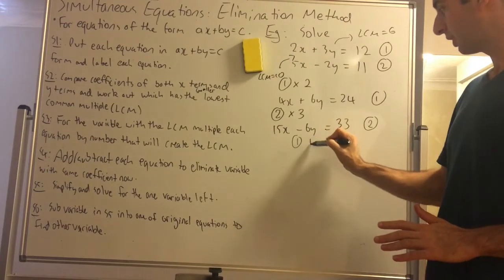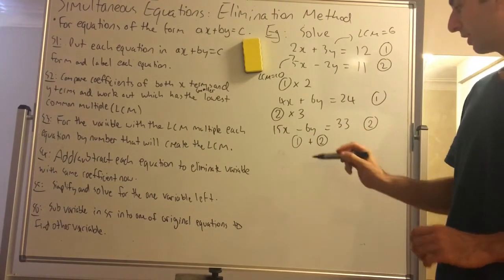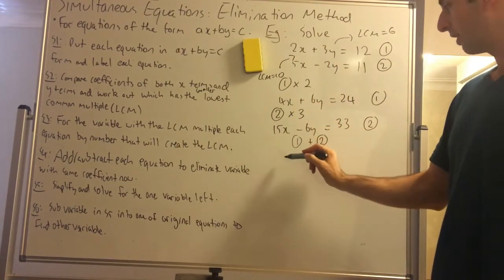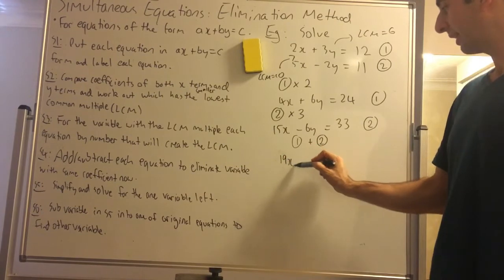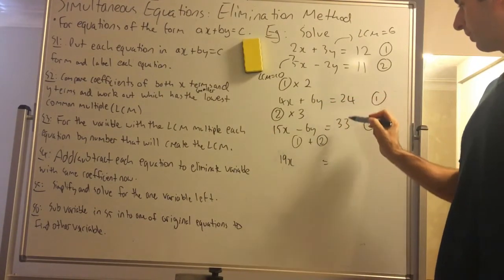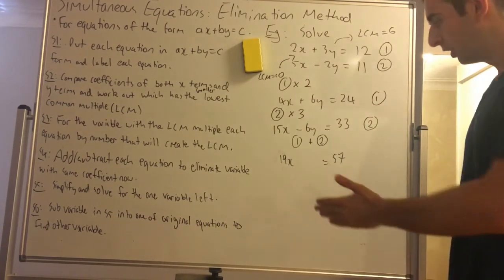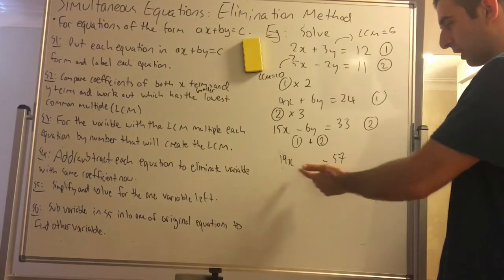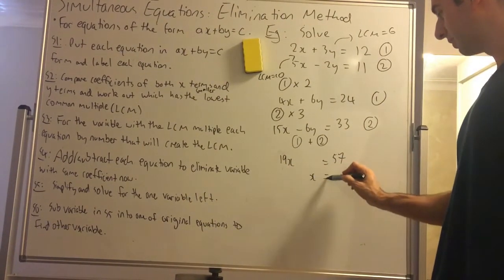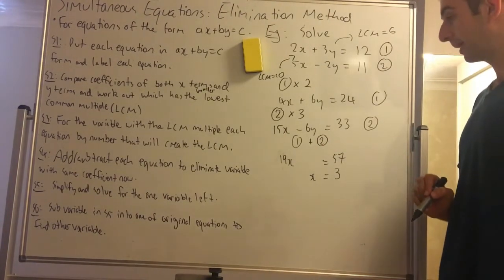So I'll just add the equations, adding like terms. 4x and 15x becomes 19x. 6y with negative 6y is 0, it's gone. 24 with 33 is 57. Now you notice this is a really straightforward equation: 19x equals 57, and we just divide by 19 to get x equals 3.